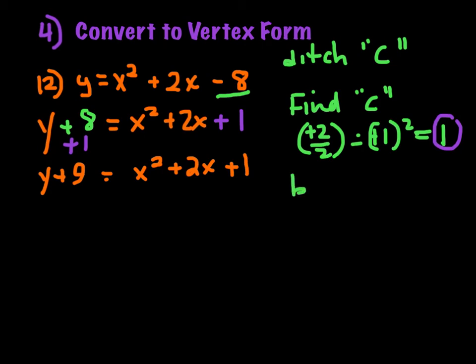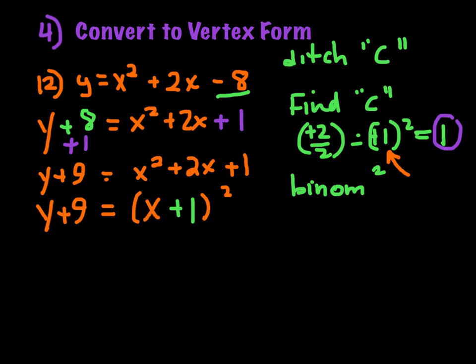I'm going to create the binomial squared. And this number right in here, b divided by 2, drops right in here. I'm going to subtract that 9. And I've now converted to vertex form.